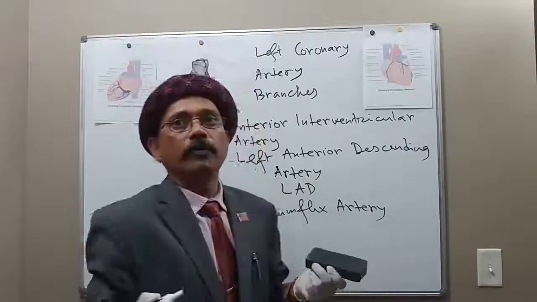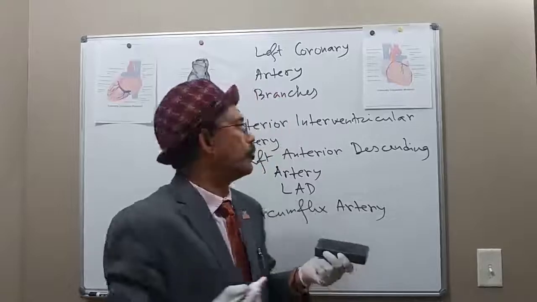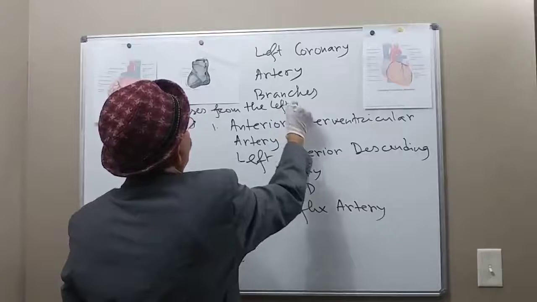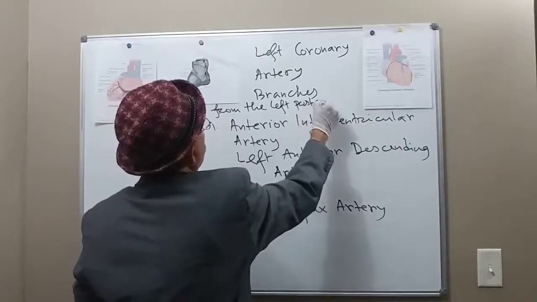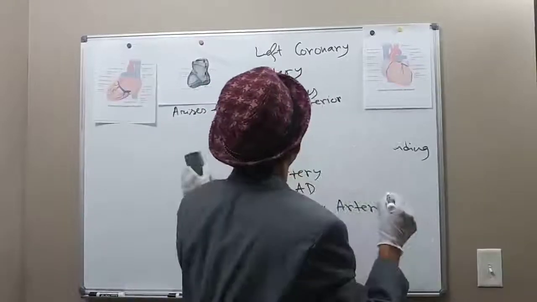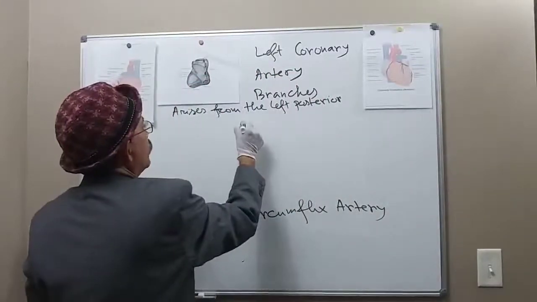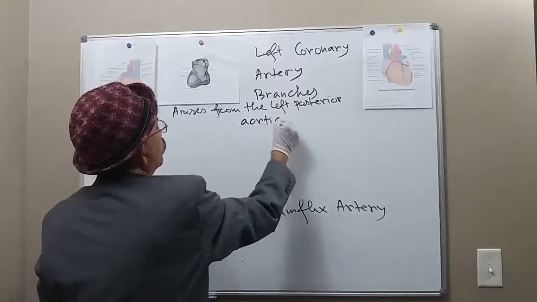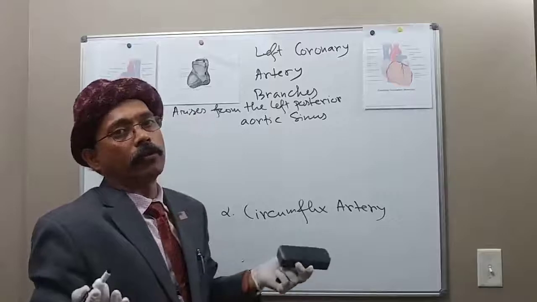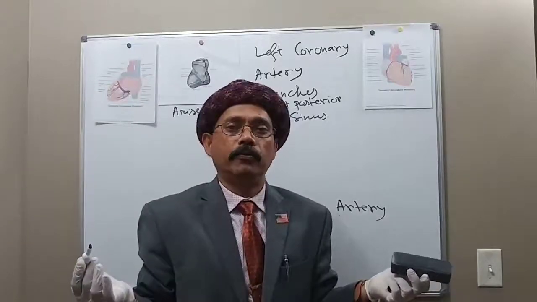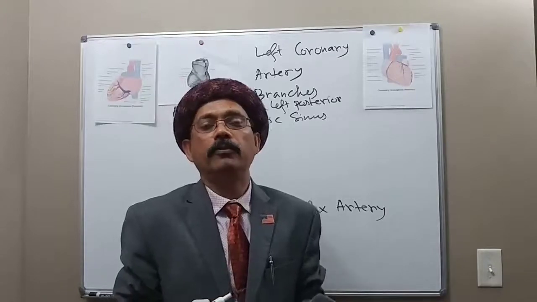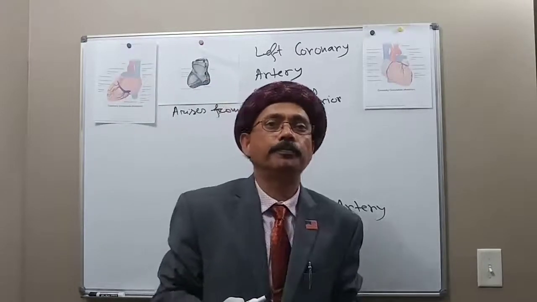From the left posterior aortic sinus. You can also call it the left aortic sinus. So both the left and right coronary arteries are branches of the ascending aorta.